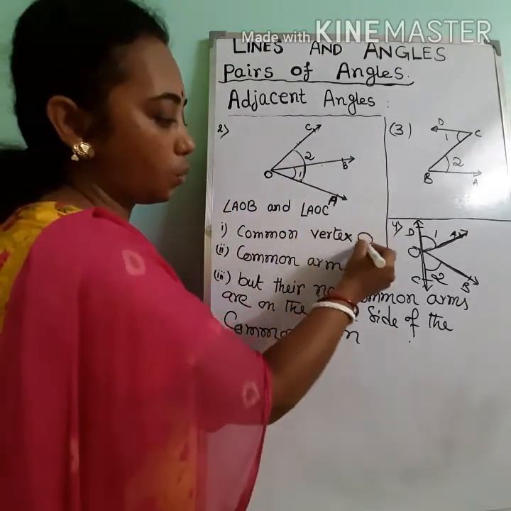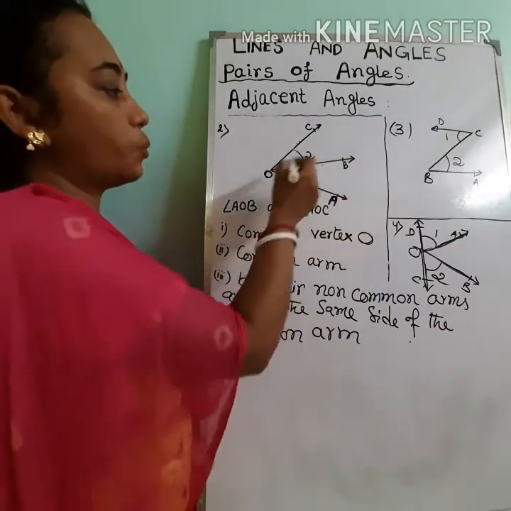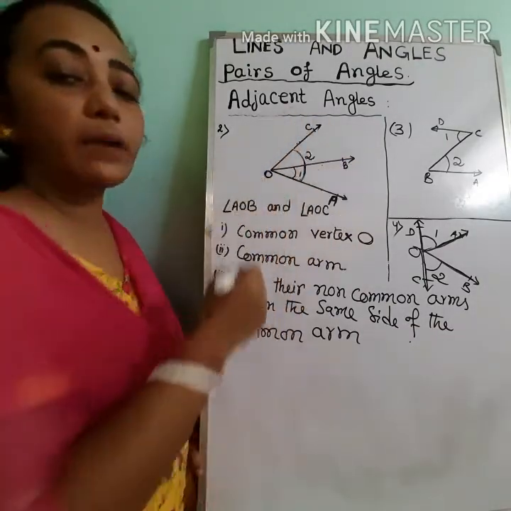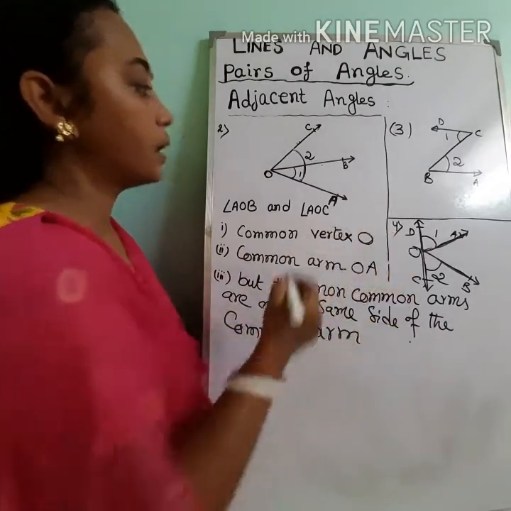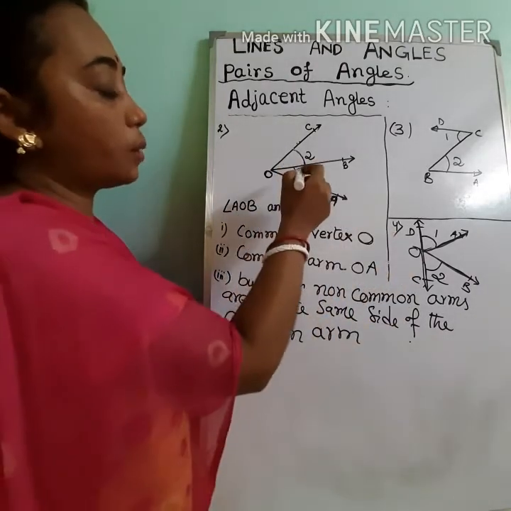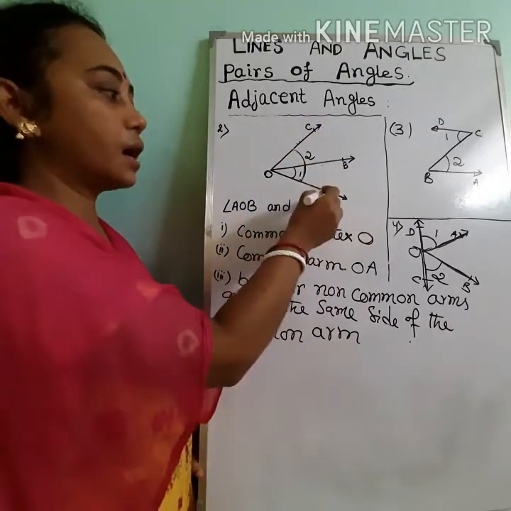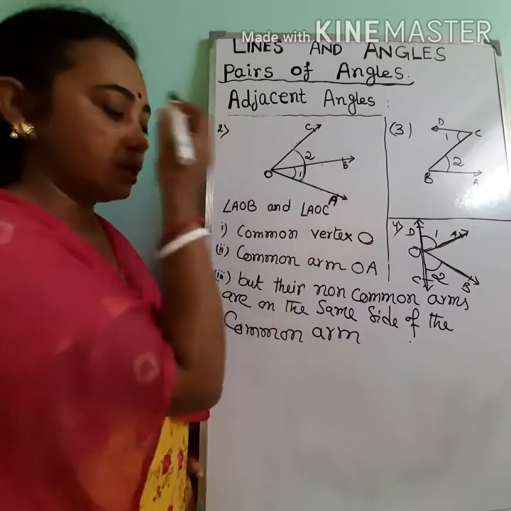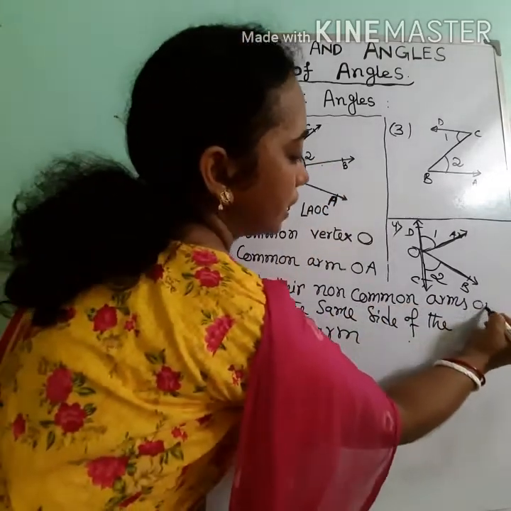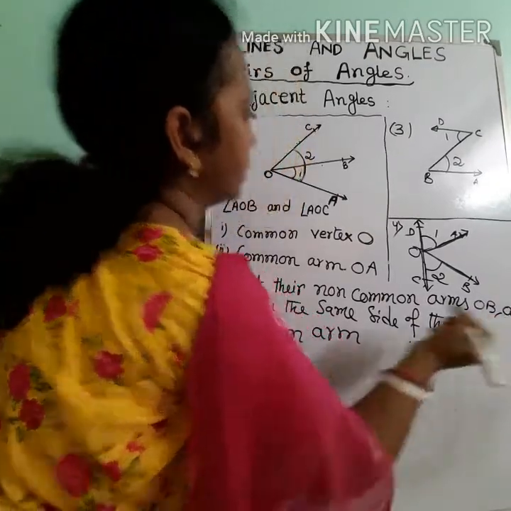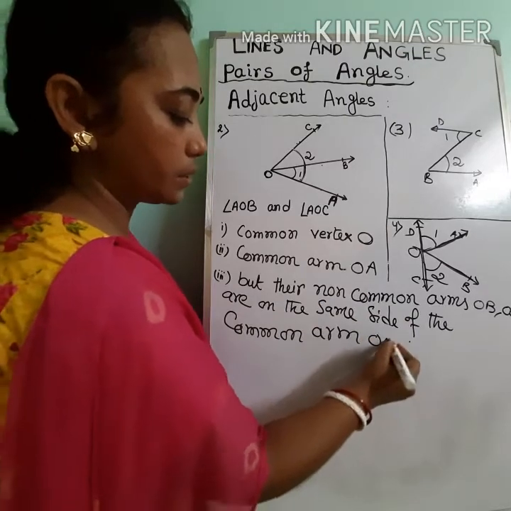Both also have a common arm, that is OA. But the non-common arms OB and OC are on the same side of the common arm OA.